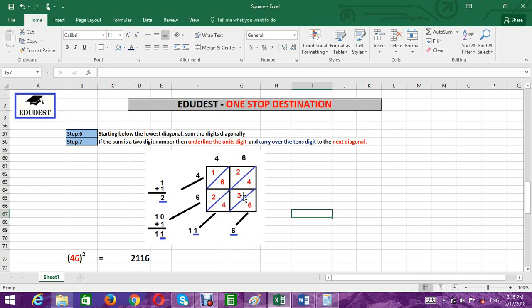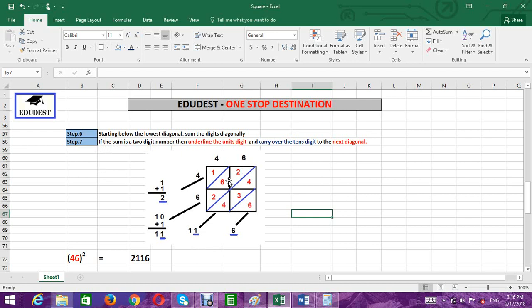Here the sum comes up as 4 plus 3 is 7, 7 plus 4 is 11. So the sum is a two-digit number. As per step 7, we underline the unit digit and carry over the tens digit to the next diagonal.